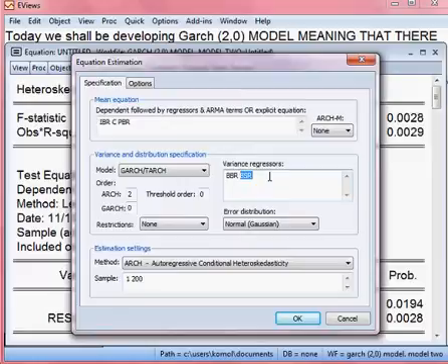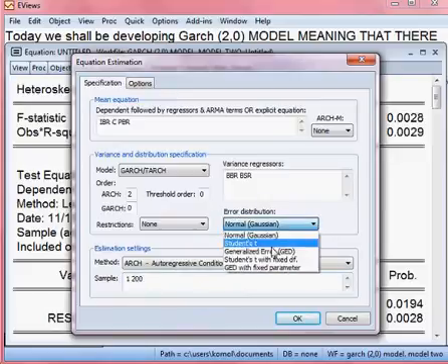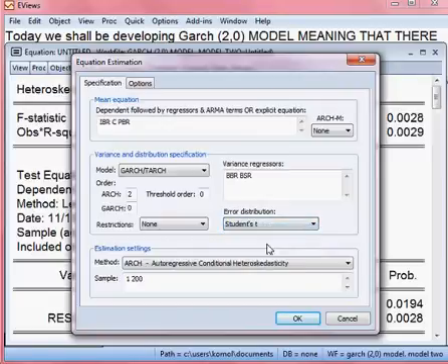Bangladesh stock return. And the sample size is 200. That is here, right? 200. And suppose here I choose the error distribution. Suppose I choose Student's t error distribution. So that is my model set.